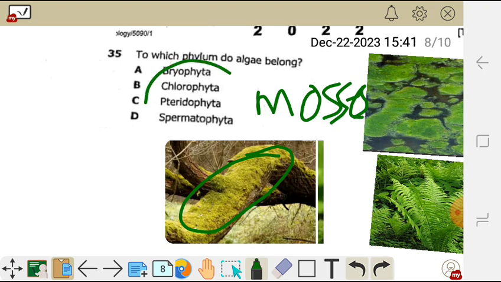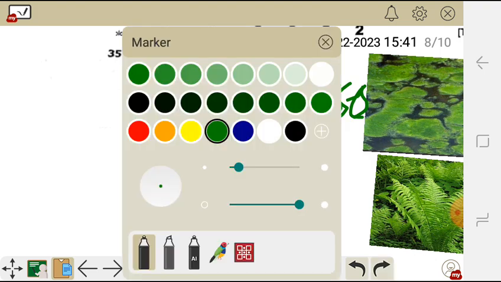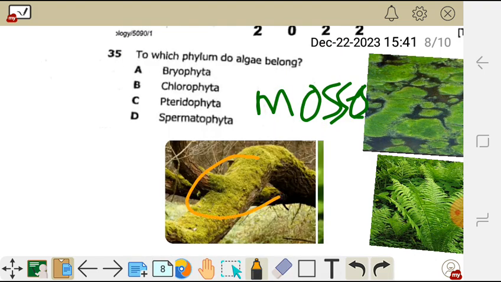So these are the classes into which the plant kingdom has been divided. These plants which you are seeing in this diagram are under the class Bryophyta. An example is mosses.